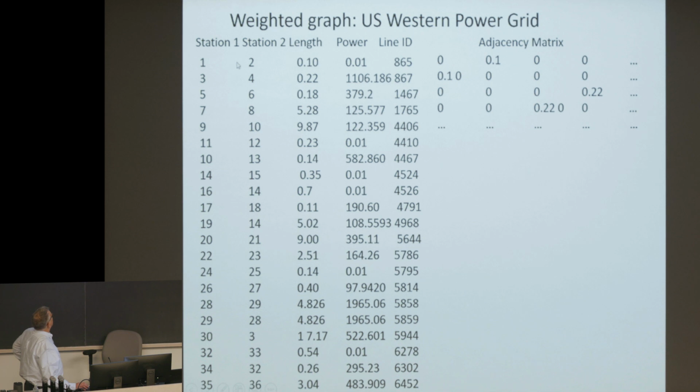For example, this line 1 connects station 1 and station 2, and the power of this is 0.1, a very weak connection. So you can construct an adjacency matrix, and you put the weights in the proper places. It won't be just 1 or 0, but a real number, which is the weight.